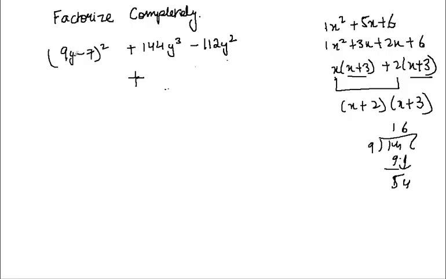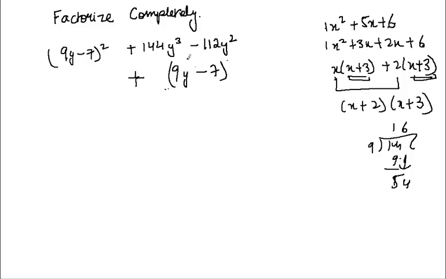Let's say 9y minus 7 is there. So let's try some factors that give us 9y minus 7 in brackets here, so that we do the same thing. Just like we brought these two brackets as the same, we'll first put 9y minus 7, and see if we can multiply something to get this.